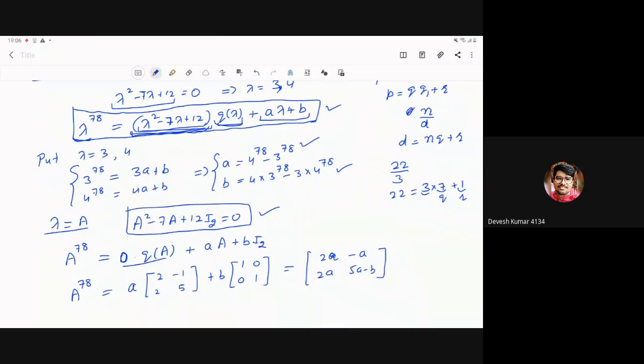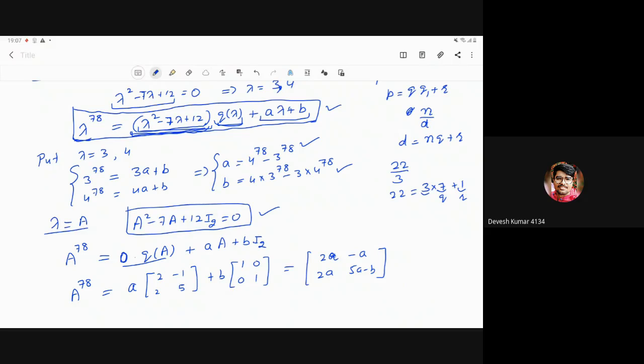Not only that, you have also learned when we say two matrices are similar. If a matrix is similar to a diagonal matrix, then it is diagonalizable. So you have learned how diagonalization of a matrix is connected with its eigenvalues and eigenvectors. Correct?